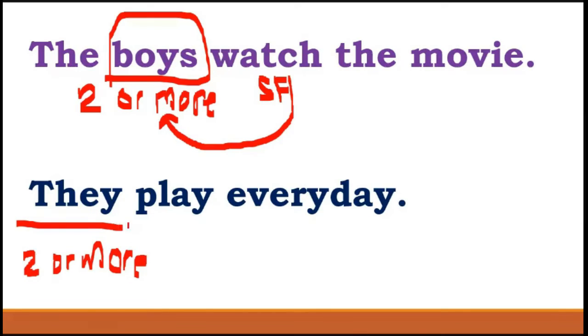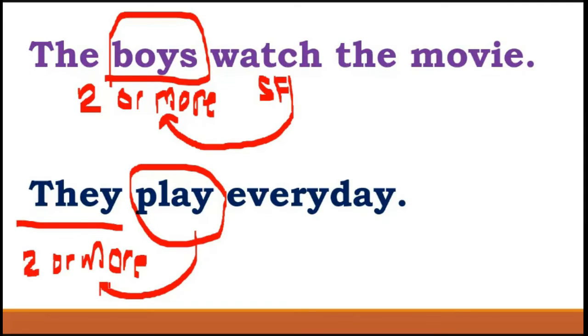But in this case, hindi to pangalan ng tao. Okay po? It refers to two or more persons. Okay. So, our verb here is play. Does the verb play already agree with our subject? Yes po. Okay. So, dahil ito ay nasa base form na o nasa simple form na, tama ang sentence na ito.